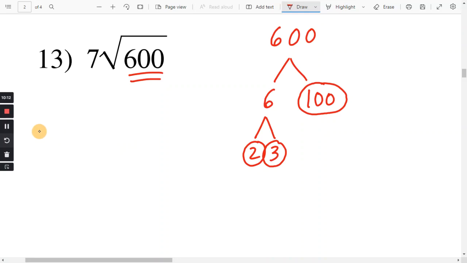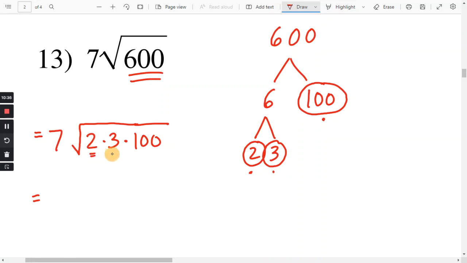So I'll show you a trick here. All right, we already have a 7 on the outside, and underneath the square root, 600 is the same as 2 times 3 times 100. Okay, now I can't take out the 2 or the 3, so we have the 7, and I know that the square root of 100 is just 10.